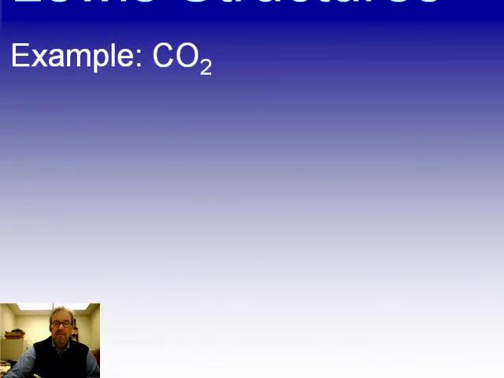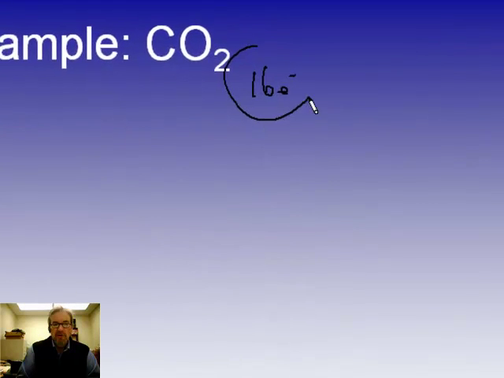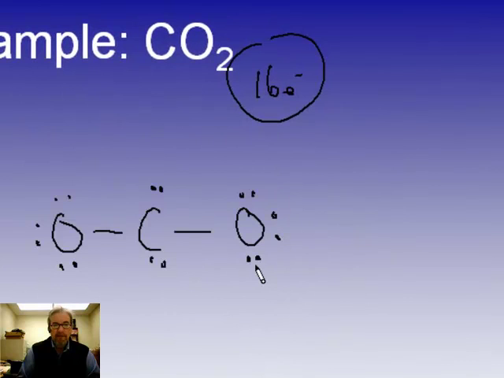So going back to our CO2 example, we saw that we had 16 electrons that we were supposed to have in our structure. And this is the Lewis structure that we have so far, and it has too many electrons. So I'm going to find 2 atoms that are bonded to each other, like this left-hand oxygen and the carbon, for example. And I'm going to take a pair away from each of those, and I'm going to put a bond in between.